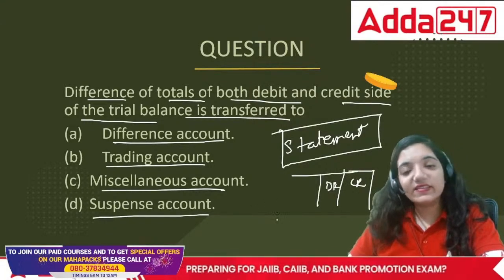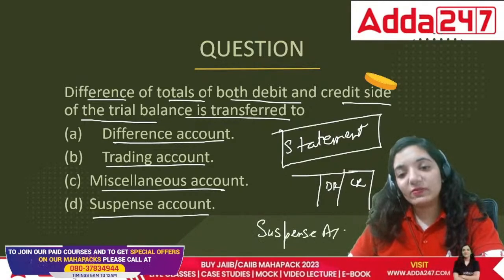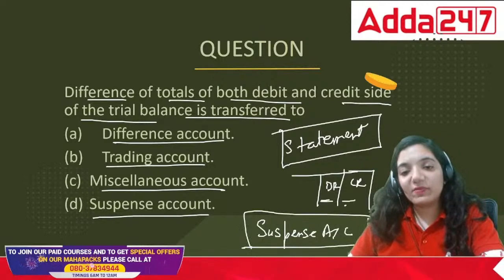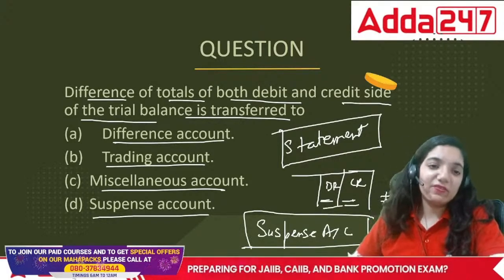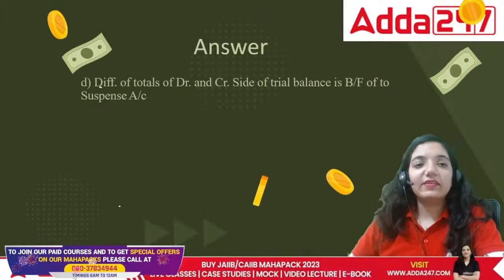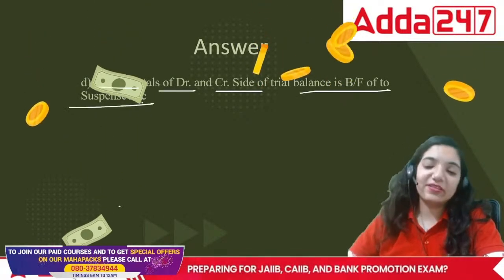In this case, they prepare a suspense account when this side does not match with this side. Whenever there is a mismatch, we will call it suspense account. Difference of the totals of debit side and credit side goes into suspense account.